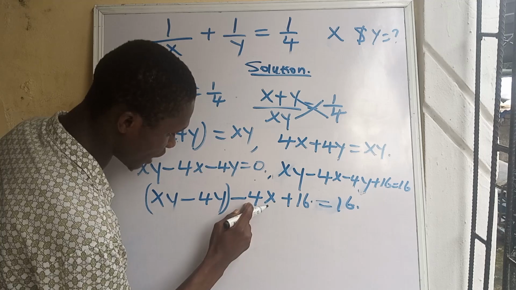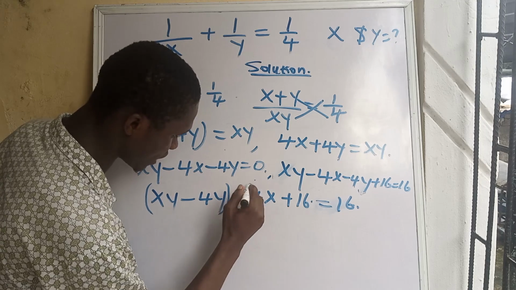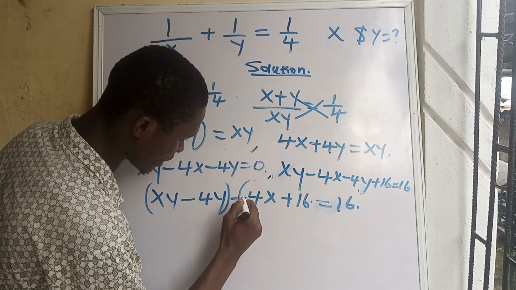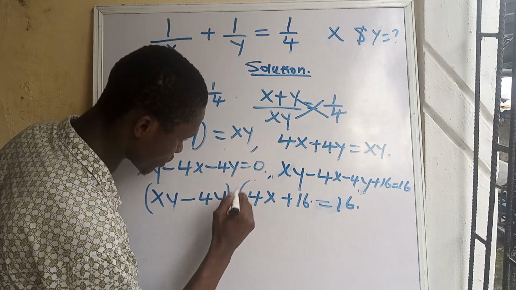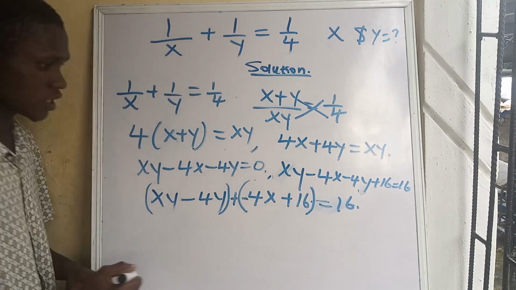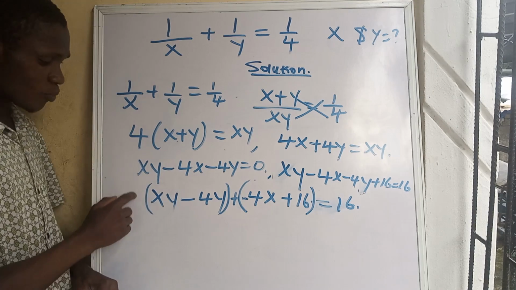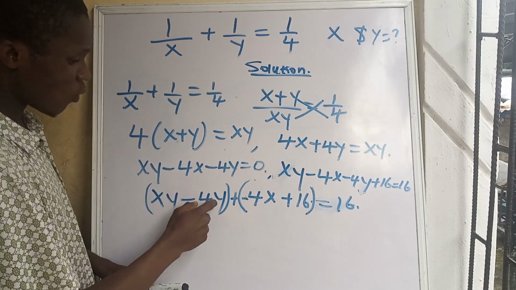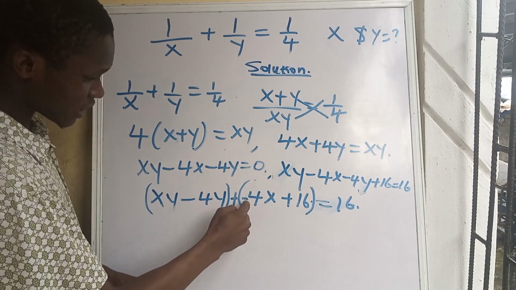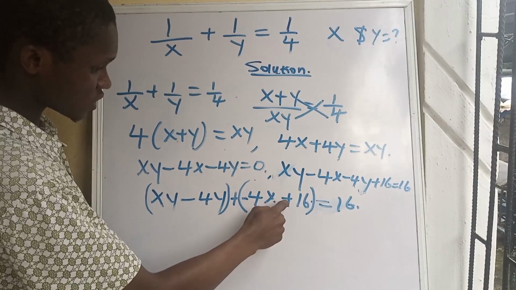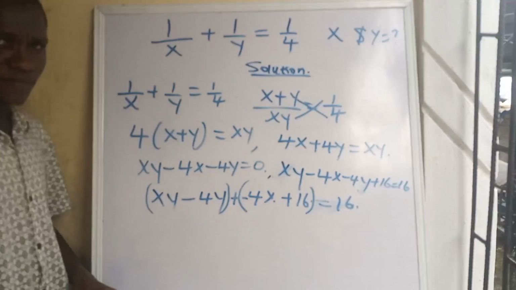For us to put a bracket, we turn this to a positive sign, then we have a negative sign here and a positive sign here. Close the bracket. So now we have open bracket xy minus 4y close bracket plus open bracket minus 4x plus 16 close bracket equals 16.